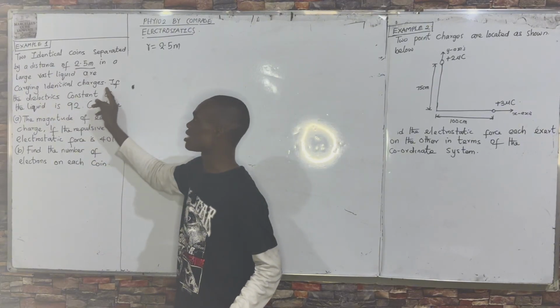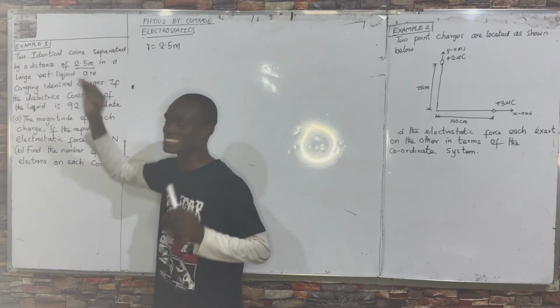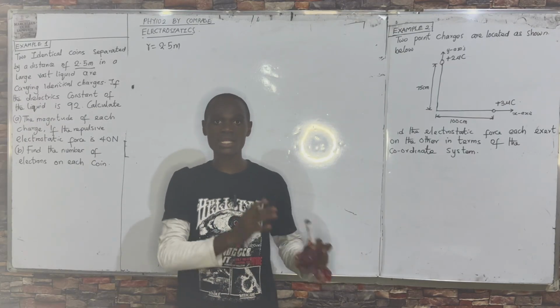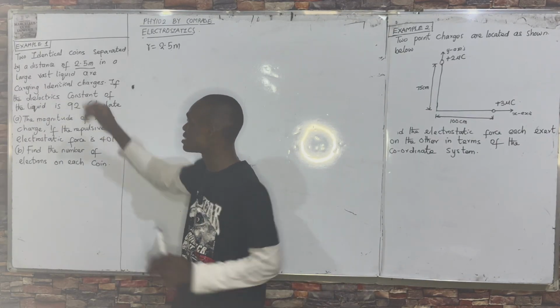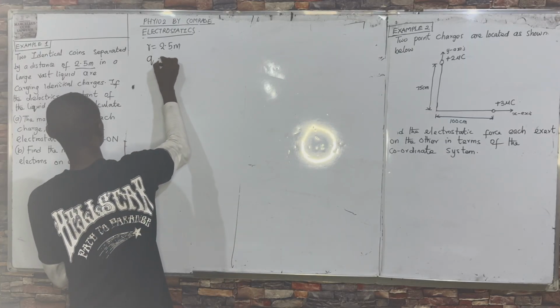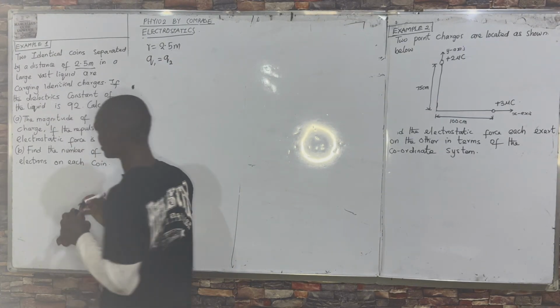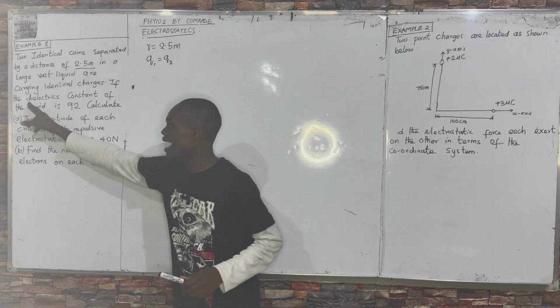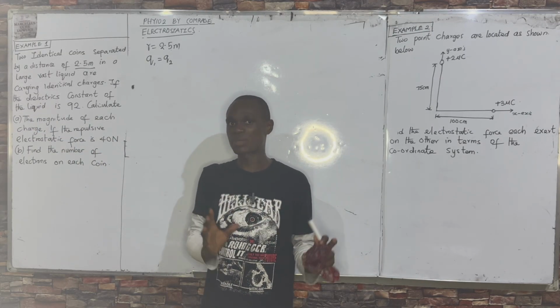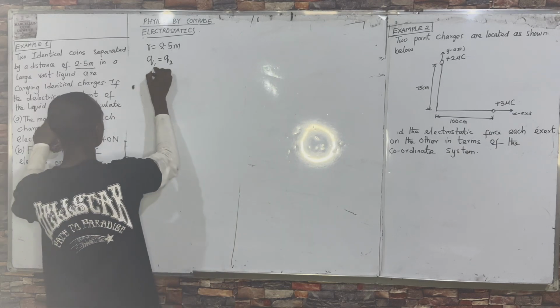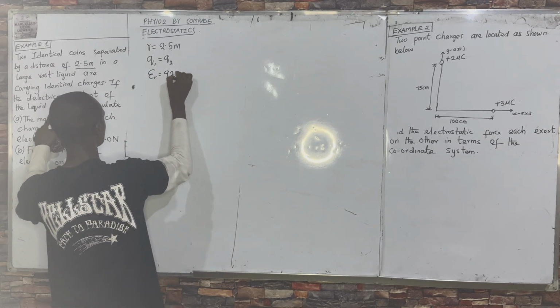Are carrying identical charges. Don't forget again, the charges are identical. It means that Q1 and Q2 are what? The same. Exactly. So they are identical charges. Q1 is equal to Q2. The dielectric constant is the same thing as relative permittivity. So you are given ER to be 92.